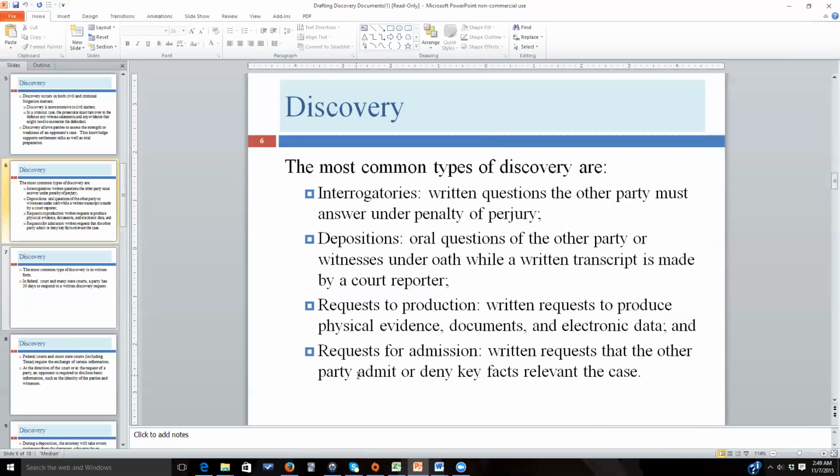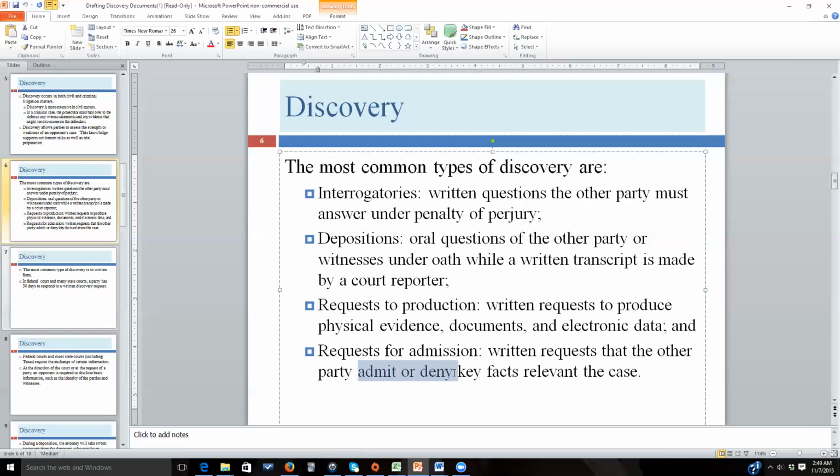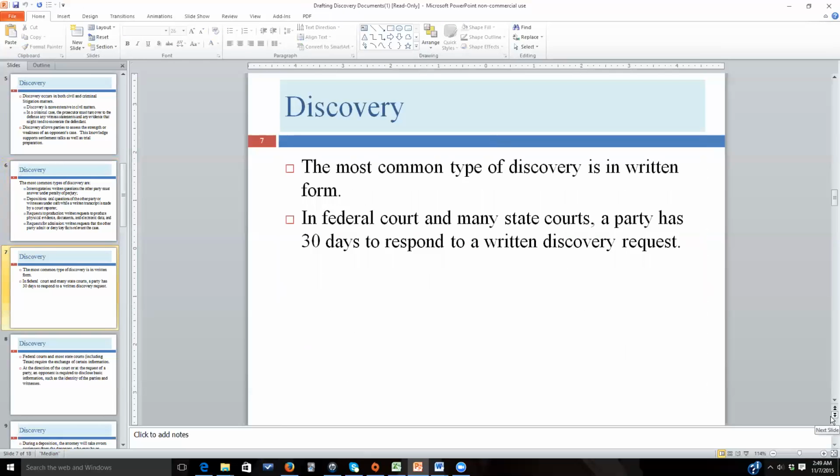So, in the sense that they're true-false questions, the party has to admit or deny each statement. There's a couple of other things that the parties can do, but generally it's an admit or deny situation. Obviously, the most common is the written form.